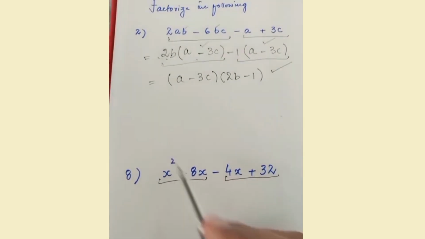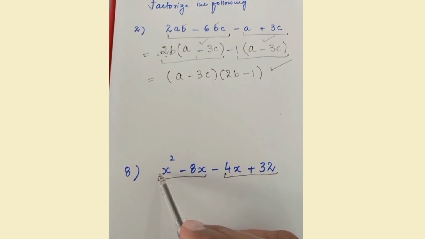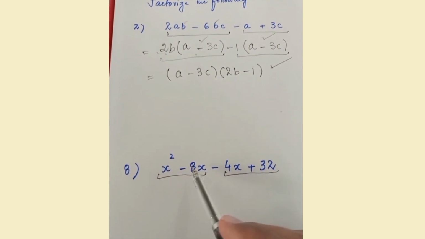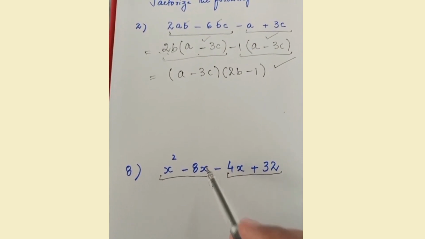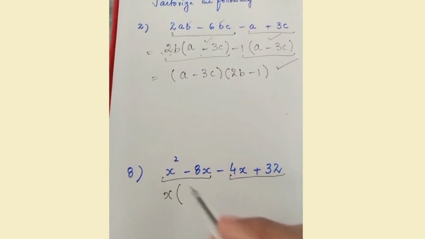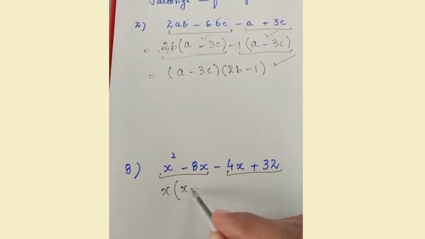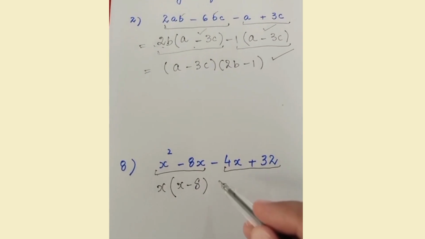Okay, x square minus 8x: there is 1 over there and this is 8, nothing is common, but between x and x power 2 the least is x, so we take x as common. The leftover thing will be x minus 8, since x is common and we are left with just 8. Then the minus sign.